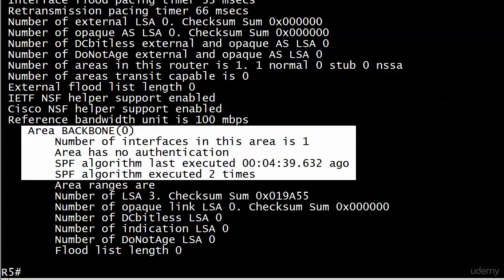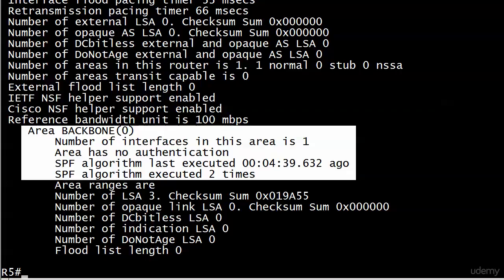Because as I mentioned from time to time, we have to be detectives in this business. And of course, that goes for the exams too, because sometimes you're just going to be shown a config or shown information like this, and you're asked, hey, what's going on here? And what's going on here, we see, it's been a little while, not that long, since the SPF algorithm was executed, but it's been executed twice. Nothing really wrong with that.